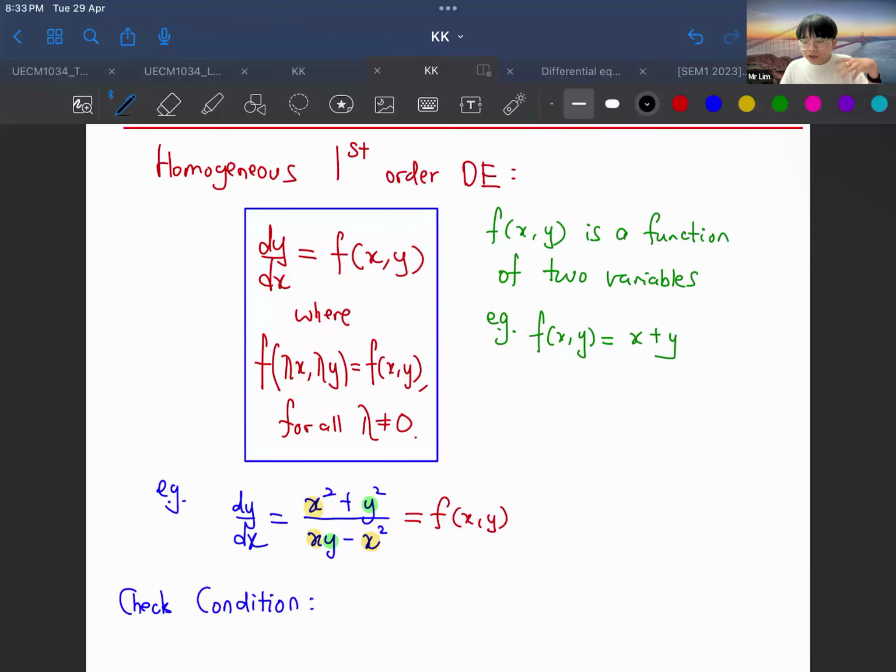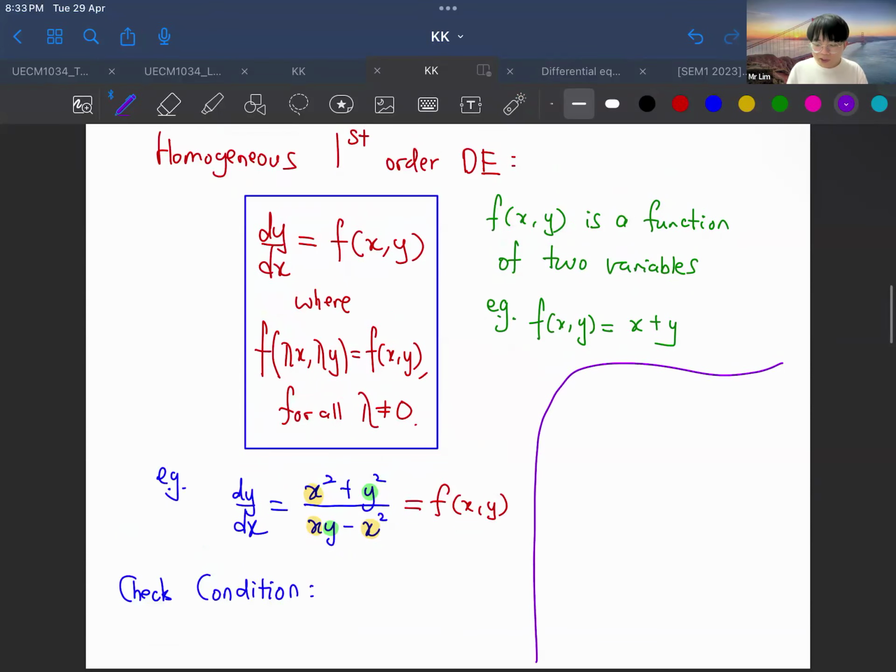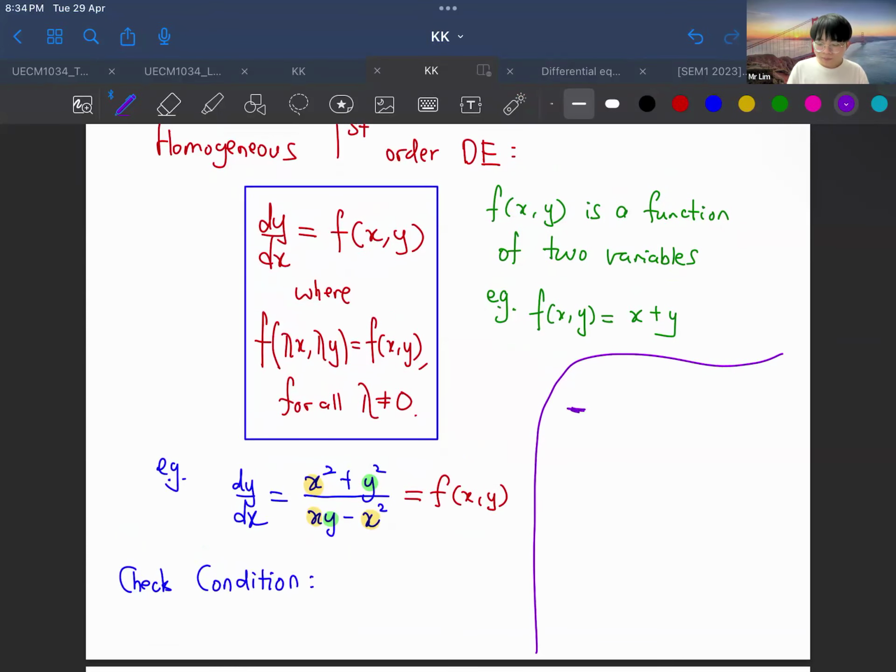Normally, if you do research online and look up what a homogeneous DE is, most probably you're going to get something different. They define homogeneous DE in a different approach.